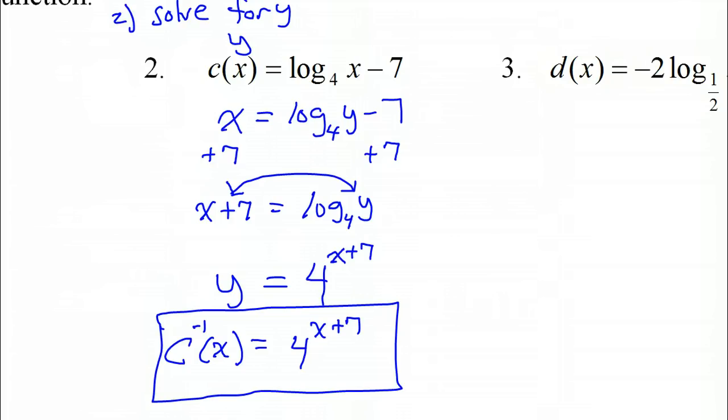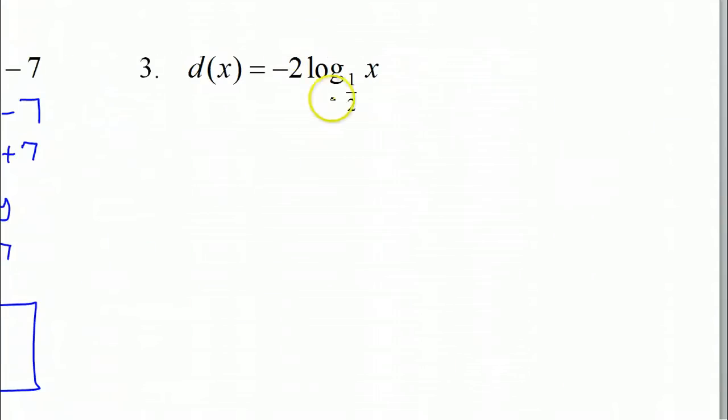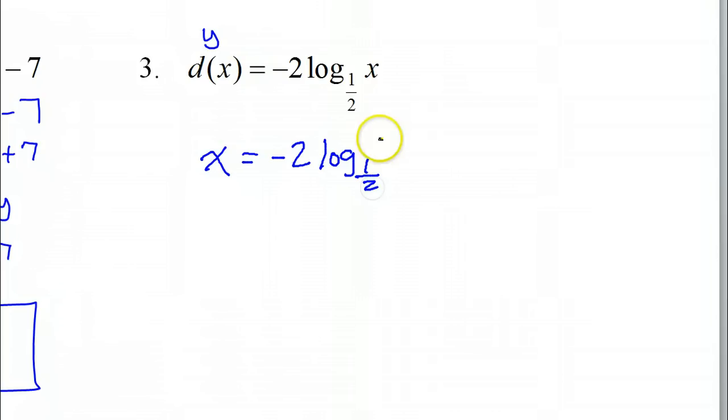All right, number 3. We have to get the log function by itself, the log expression. Now this is y equals, so switching x and y, this will become x equals negative 2 log base 1/2 of y. Before we change forms, we need to get the log expression by itself.